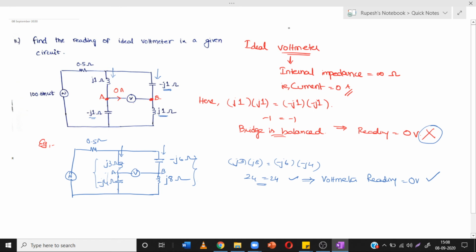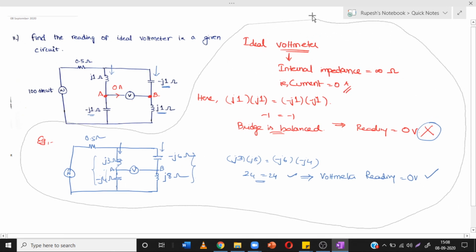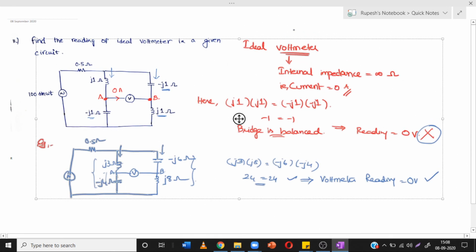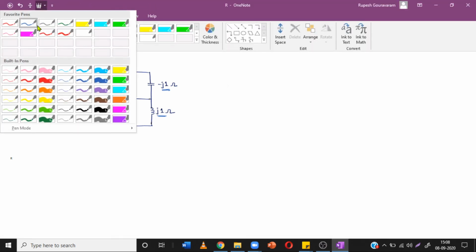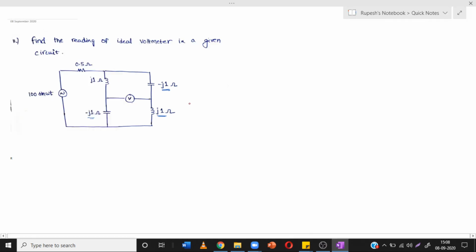So let me remove this. So if this effective circuit is drawn, that means the branch here has zero impedance and here also has zero impedance.